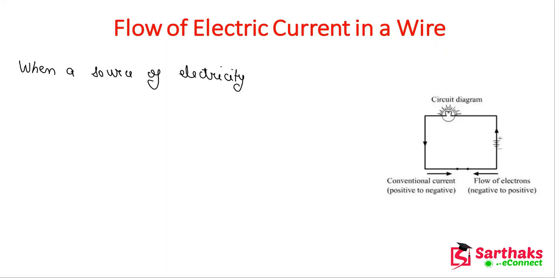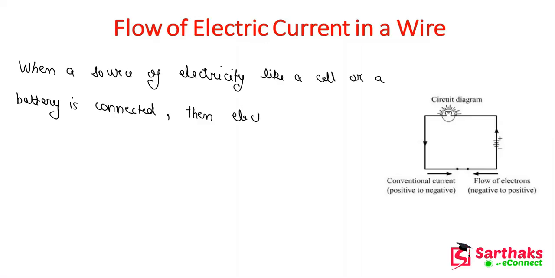When a source of electricity like a cell or a battery is connected between the ends of a metal wire, then an electric force acts on the electrons.